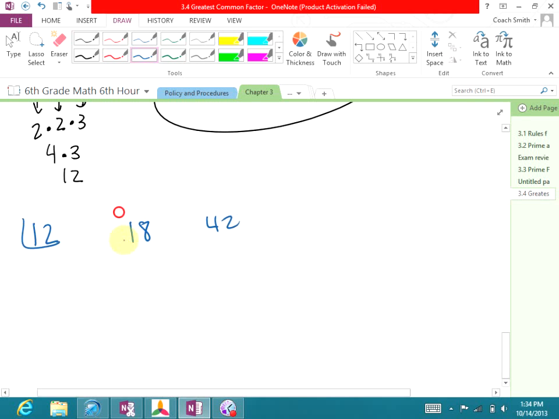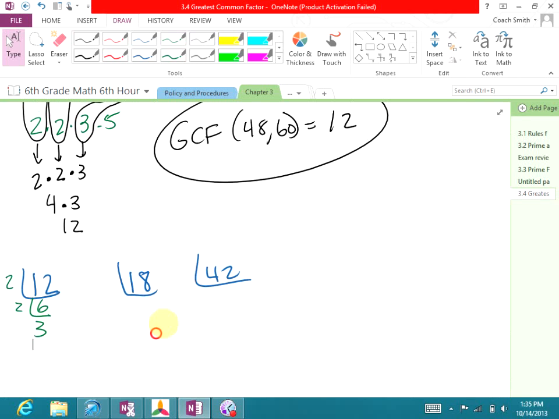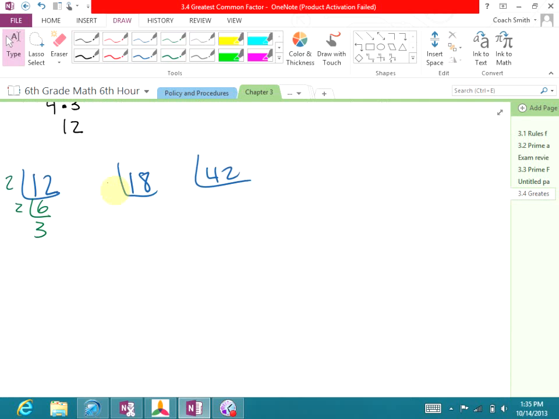So, I've got to prime factor all three of those. 2 goes into 12 6 times. 2 goes into 6 3 times. 2 goes into 18 9 times. 3 goes into 9 3 times. 2 goes into 42 21 times. 3 goes into 21 7 times.